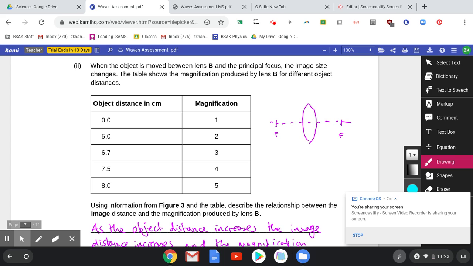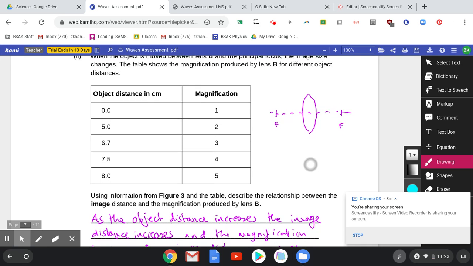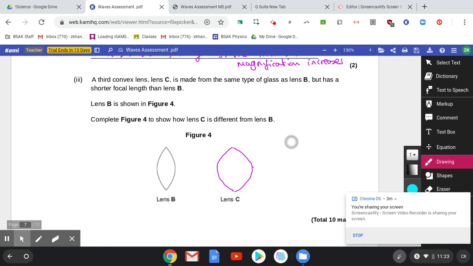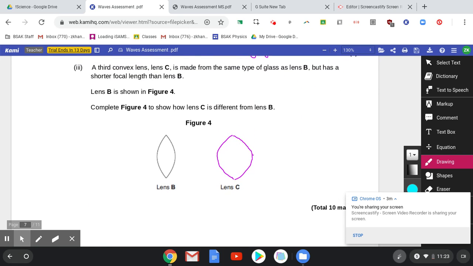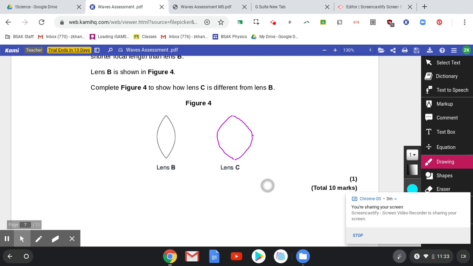That means that the rays of light, when they come in parallel, bend in at a much closer distance to the lens. For that to happen, that's the steeper angle, that indicates more refraction is taking place. And because more refraction is taking place, it must be going through more glass. Therefore, the lens must be thicker.